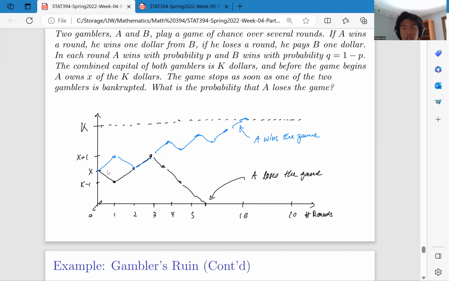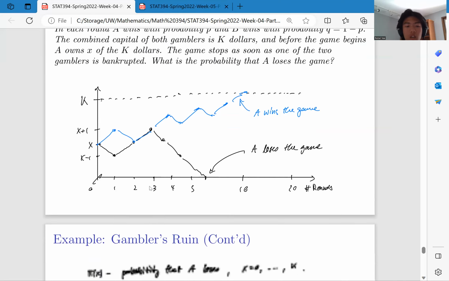So A has some chance to win the game if he wins, loses, wins, loses, wins, and hits K, and A wins. However, if A goes down to 0, then A loses the game. For each game, A wins with probability P and loses with probability 1 minus P, which is the probability that B wins.